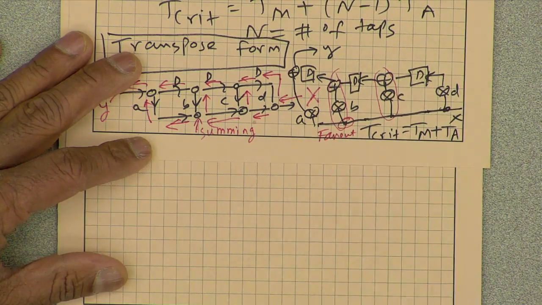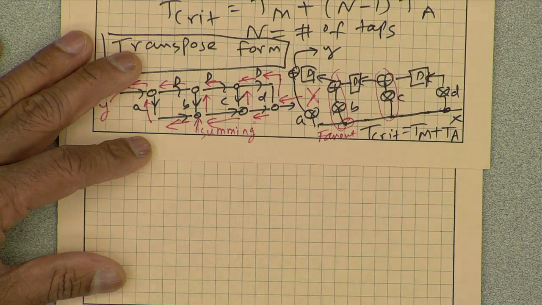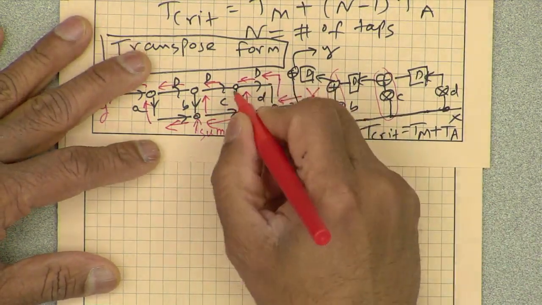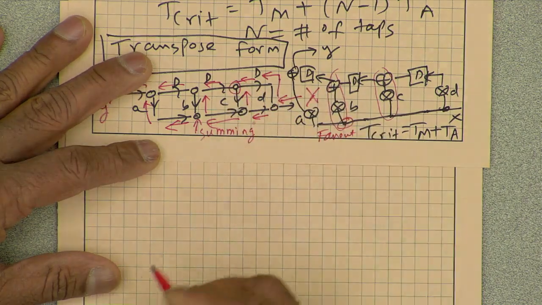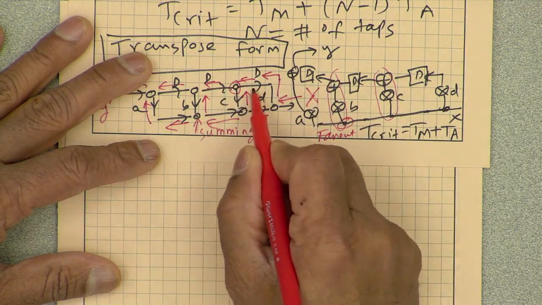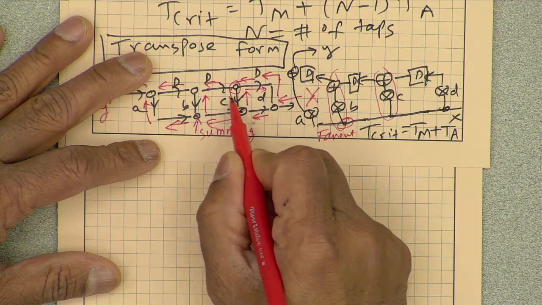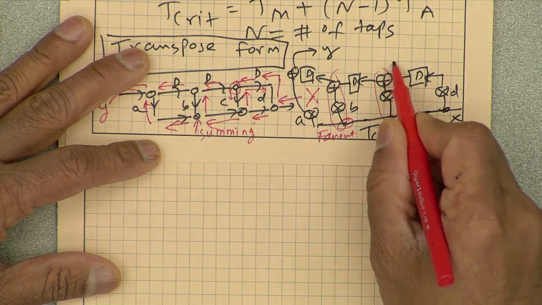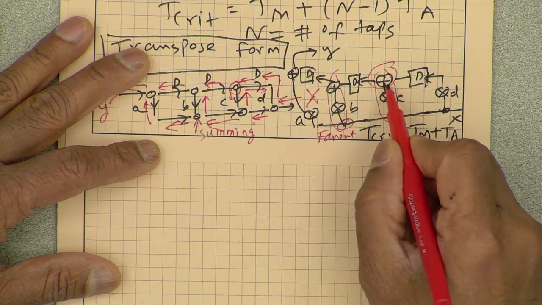So when we transpose a filter structure, a summing node becomes a fan out node, and a fan out node, if I take this example here, whatever signal was coming was fanned out to two different paths, and if you look at that same node here, that becomes a summing node.